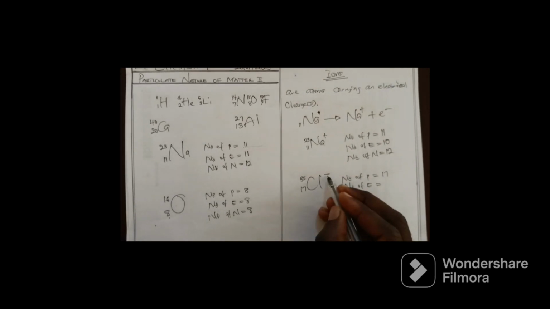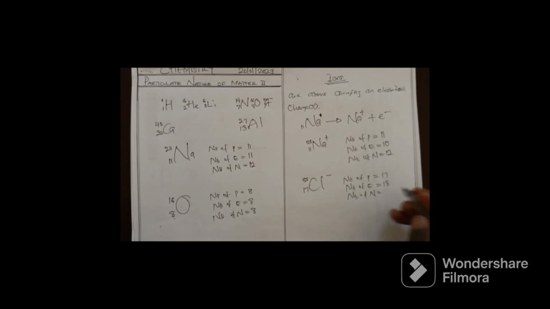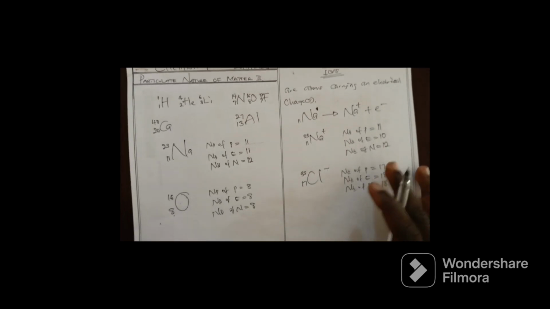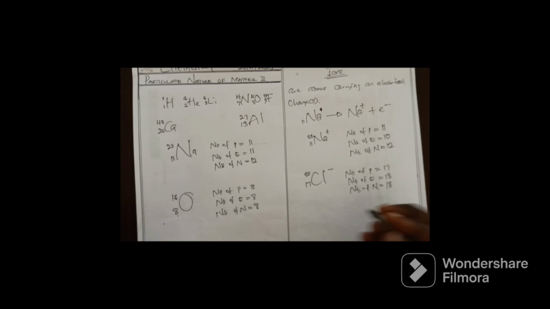Since one electron has been added to it, 17 plus 1 gives us what? 18. The number of neutron will be what? That will be 35 minus 17. Now what is 35 minus 17? And that's giving us what? 18. So in the course of this class, I will want you to solve this as an exercise.